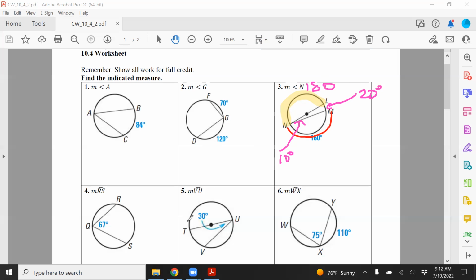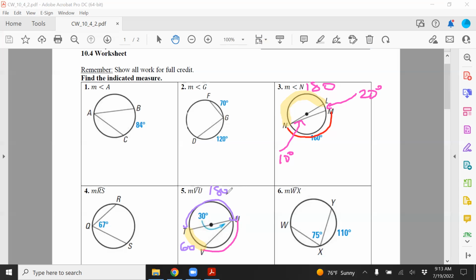And then for 5, they want arc VU. So they want all of this right here. Well, if that's 30, let me get a highlighter out again. That's going to be 60, because that's double the angle that's inscribed. This is 180, because that's a semicircle.